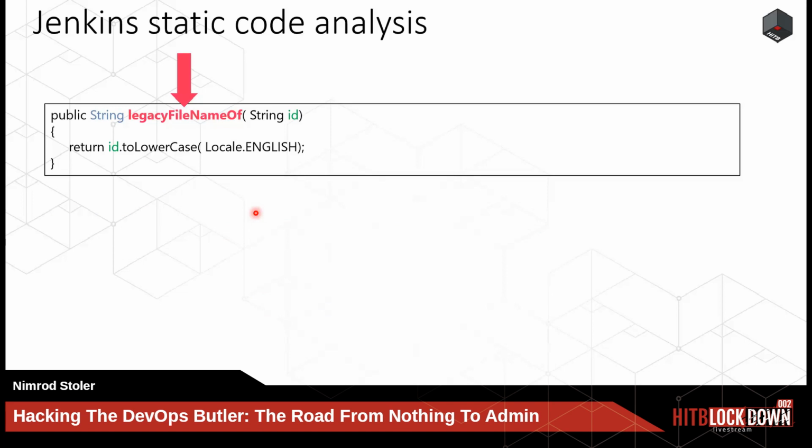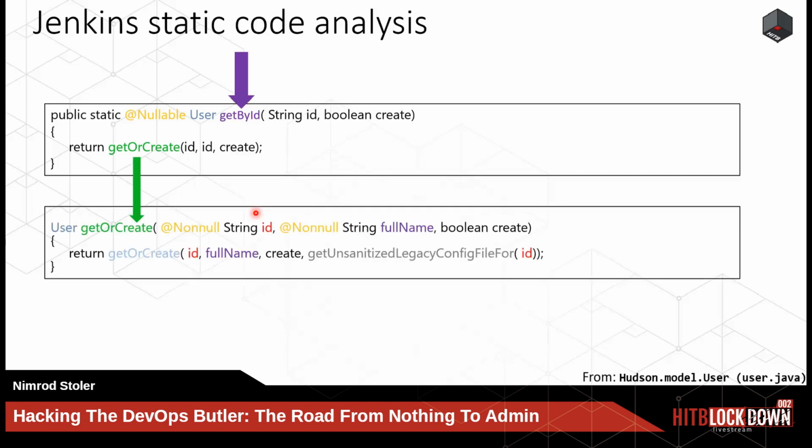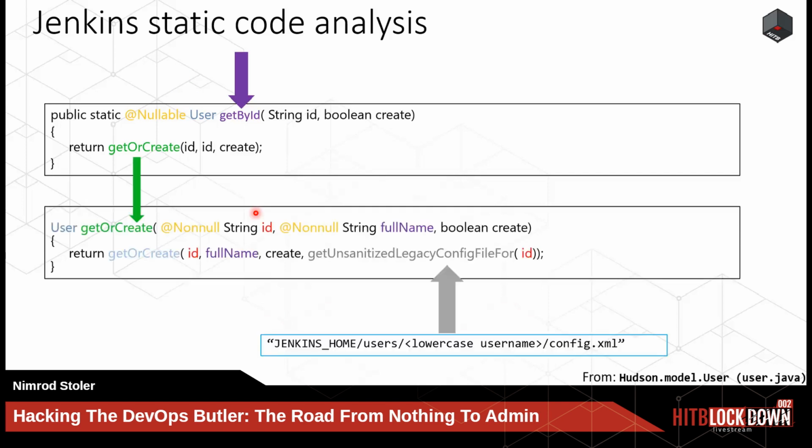Again, the ID is the username in lowercase. So whatever username we supplied via our curl, this simply returns as lowercase. No sanitation at all. Good. So this would return Jenkins home and users and whatever username we have in lowercase, and it is appended by config XML.